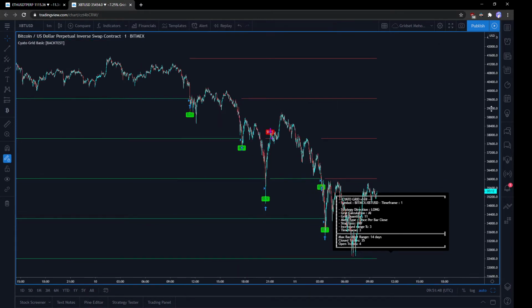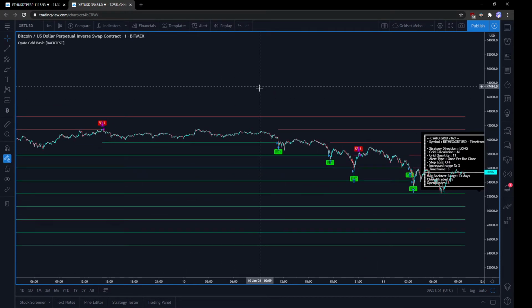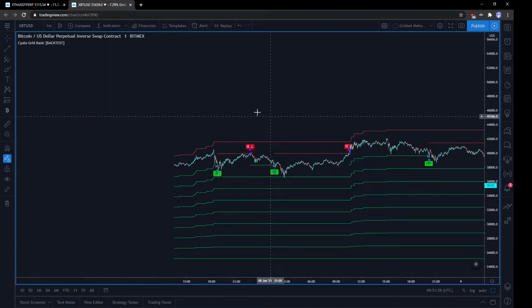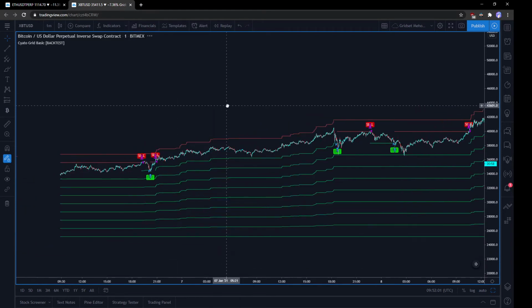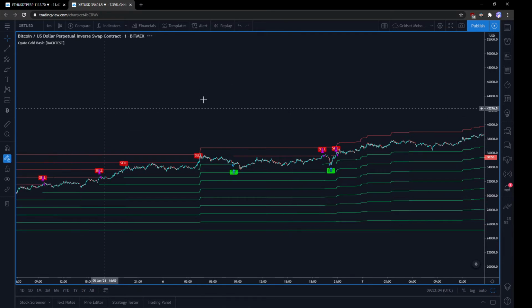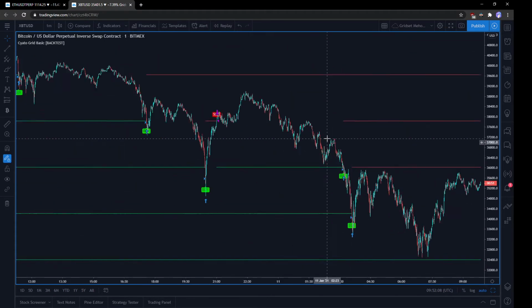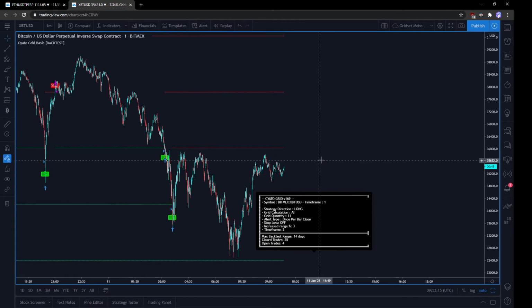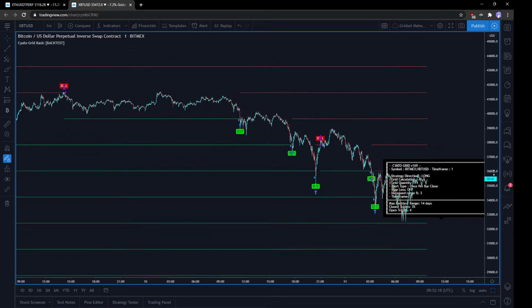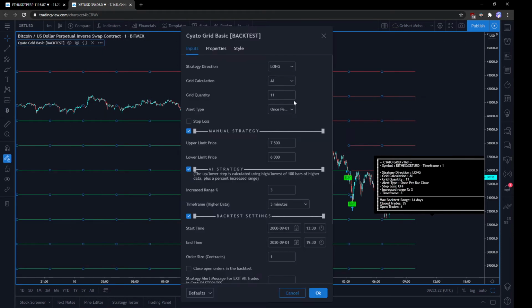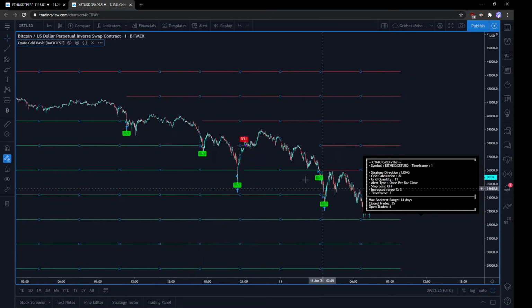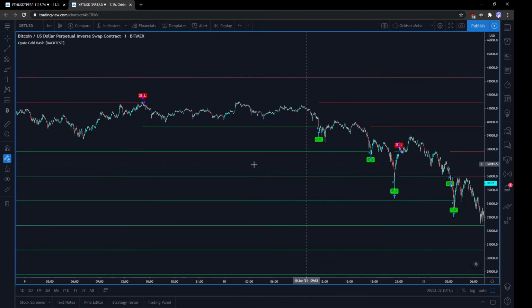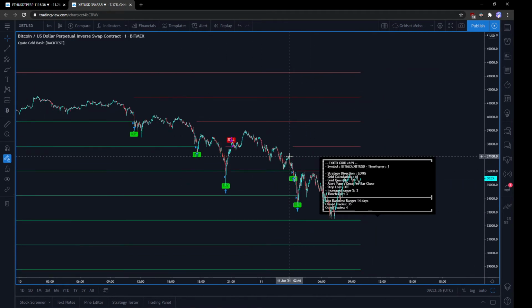So this gives us a nice grid like this. I just want to say that since we are using the long direction here, we need to be careful about the downtrend that might change.